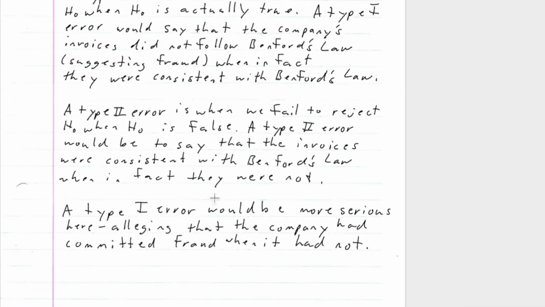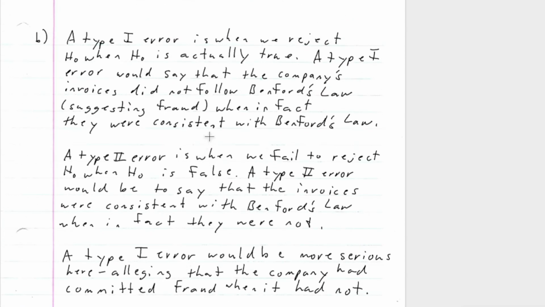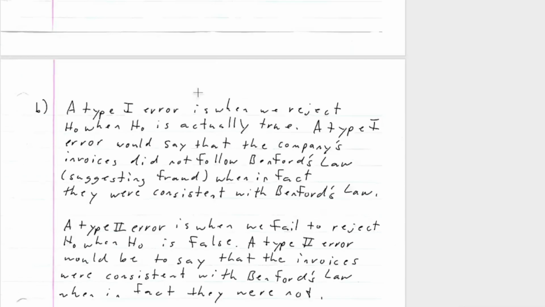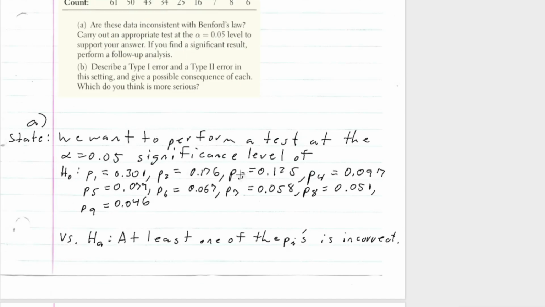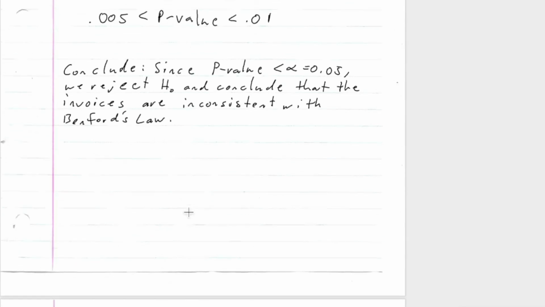That is, we reject the null hypothesis when the null hypothesis was actually true. In this case, the null hypothesis was that this company was following Benford's law, and rejecting that would mean, like we concluded in this one, that there was fraud at their company, which we did conclude in this assessment here.